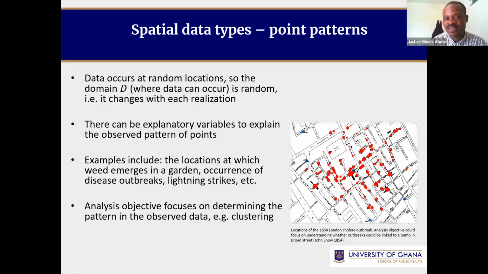There can be explanatory variables to also explain the observed pattern of points. Examples include the location at which weeds emerge in a garden, occurrence of disease outbreaks, like I've just explained to you, and lightning strikes, among others. The analysis objective focuses on determining the pattern in the observed data, for example, clustering, as I've earlier mentioned.